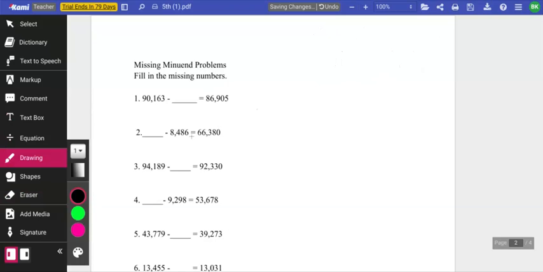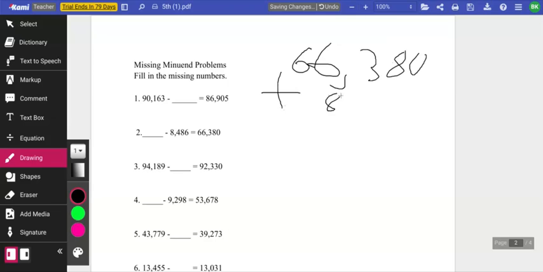Okay, for number 2, we have to add because we're looking for the greater value. So we have 66,380 plus 8,486. We can not borrow.